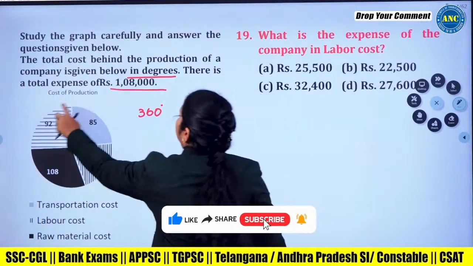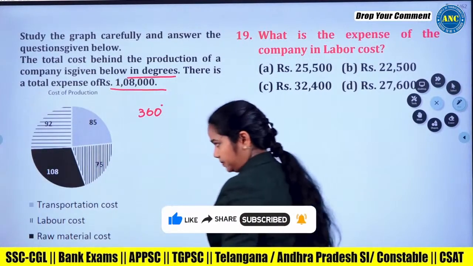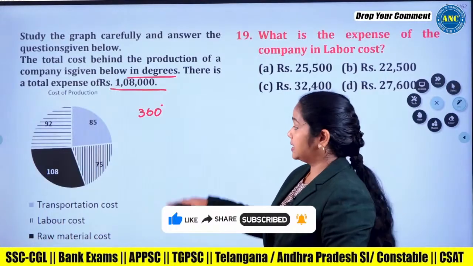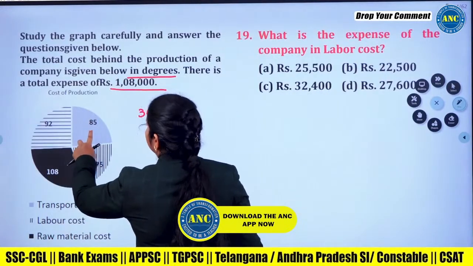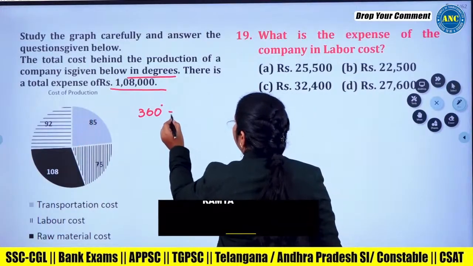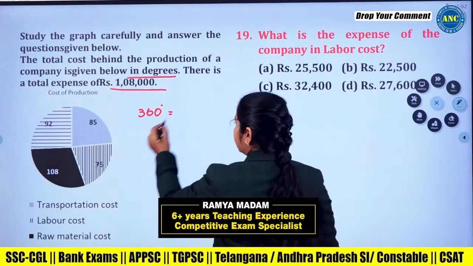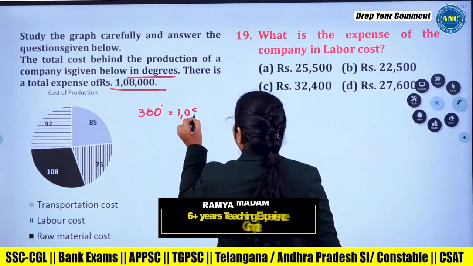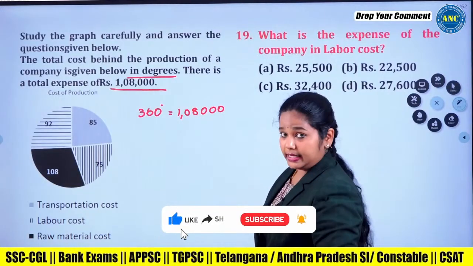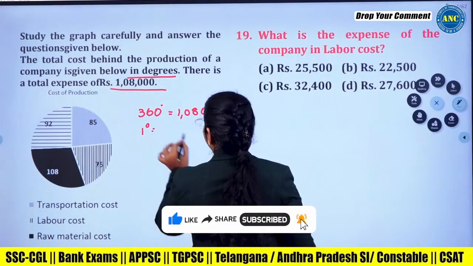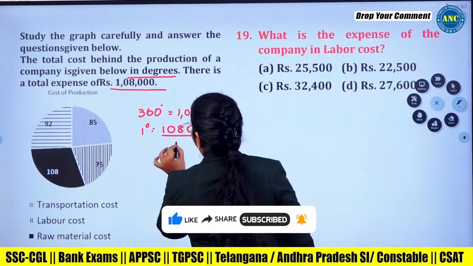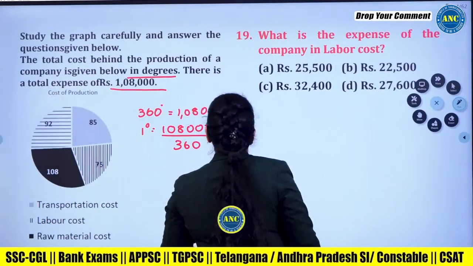And this is the total expense, right? When this chart is given, that means this is the total expense. So the total expense will be equal to 360 degrees. So 1,08,000. Then what is the value of 1 degree? 1,08,000 by 360.